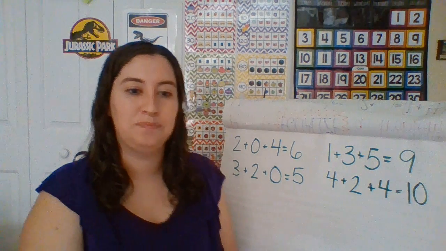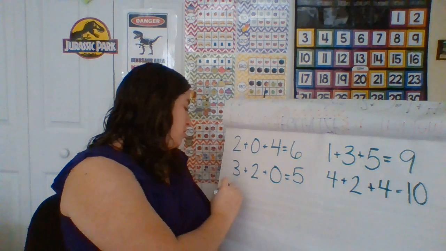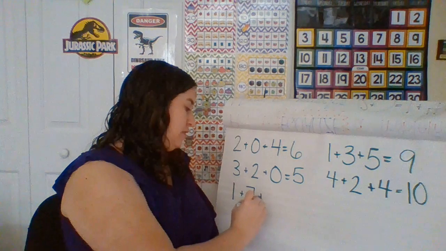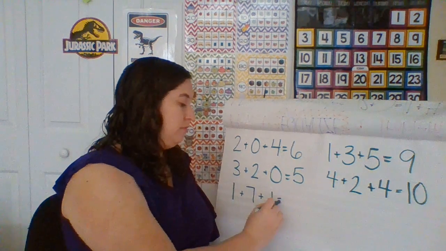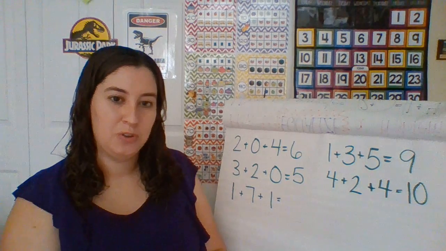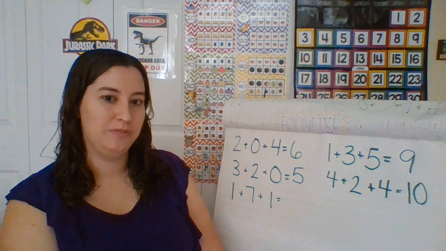Okay. Let's do, got an idea. 1 plus 7 plus 1. I threw a big number in there. I want you to try to do this one on your own.